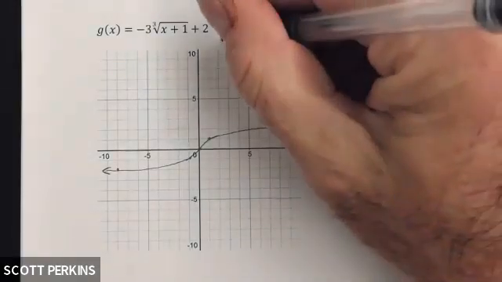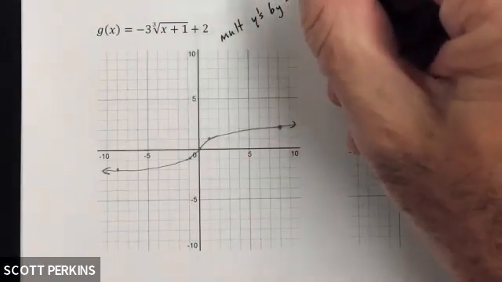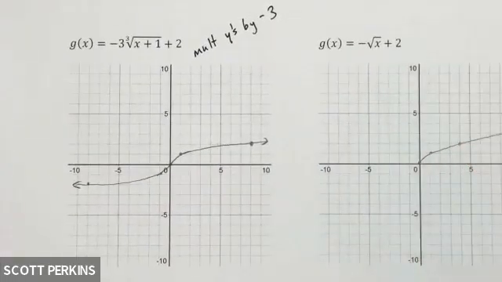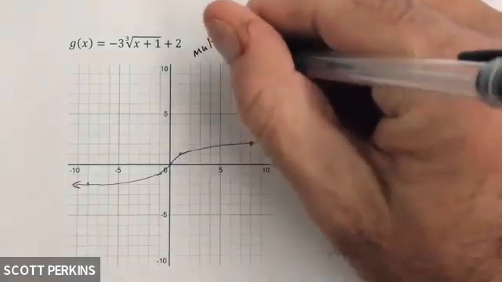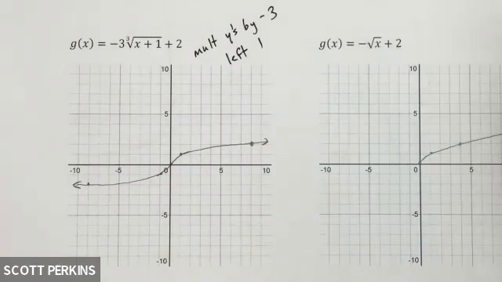Okay, we're going to multiply the y's by -3. That's excellent. We will do that. Multiply the y's by -3. What else is happening to this graph? Okay, it's going left 1. That +1 is moving the graph left 1. And then what other thing is happening to this one? Perfect.